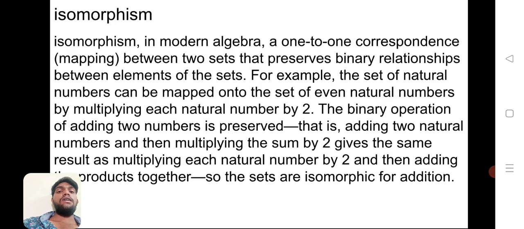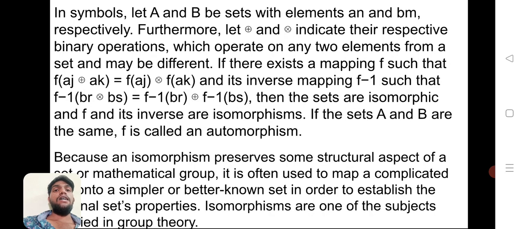The binary operation of addition is preserved: adding two natural numbers and then multiplying the sum by 2 gives the same result as multiplying each natural number by 2 and then adding the products together. So the sets are isomorphic under addition. In symbols, let A and B be sets with elements a and b respectively. Furthermore, let plus and times indicate their respective binary operations.